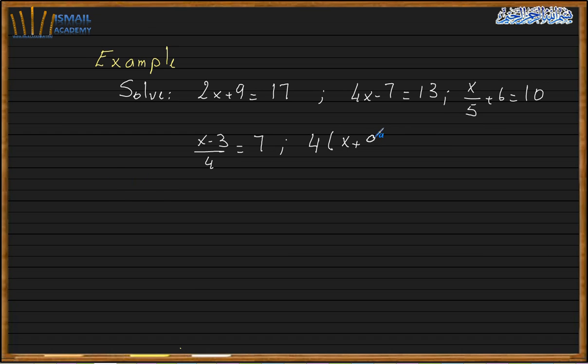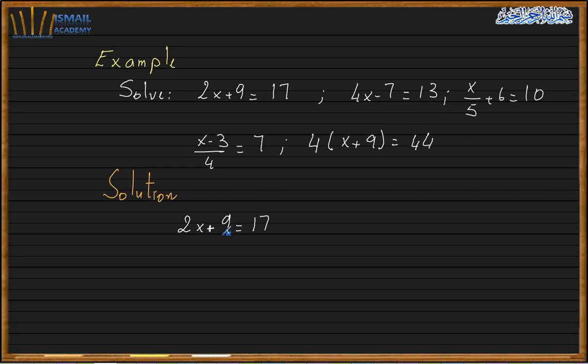Let me start with the first one. I have 2x plus 9 equals 17. First thing I need to find out is the whole thing. So 9 is independent of 2x.